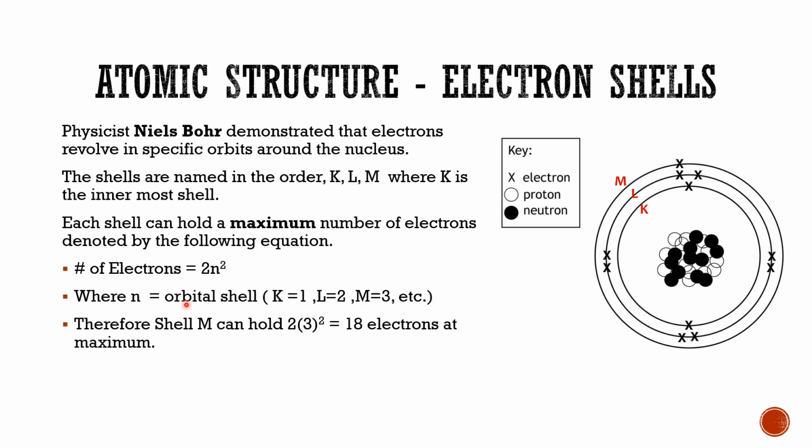For example, to figure out how many electrons can be held in shell M, using the equation above, M is the third shell, therefore it is 2 times 3 squared, and we get 18 electrons as the maximum number of electrons that can orbit in shell M.